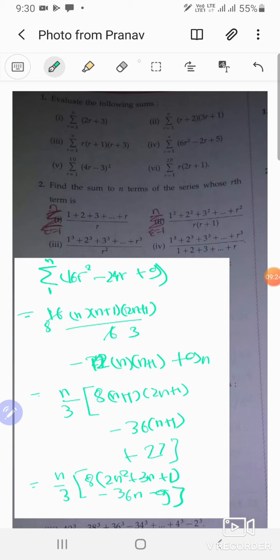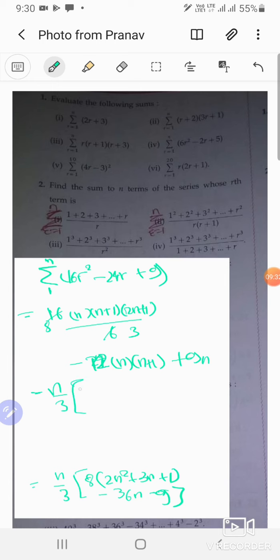Okay, so now first of all we need to simplify this further. So this is supposed to be equal to n by 3 of 16n squared plus 8 times 3 is 24n minus 36n, got 8 minus 9 is minus 1. n by 3 of 16n squared minus 12n minus 1.